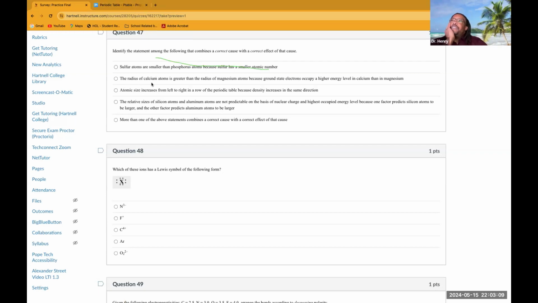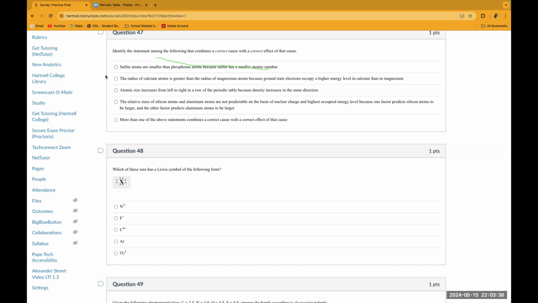The radius of calcium atoms is greater than the radius of magnesium atoms because the ground state electrons occupy a higher level in calcium than in magnesium. That sounds correct.